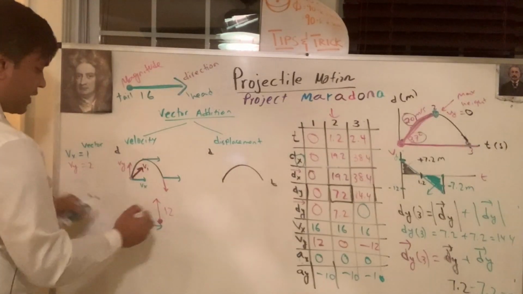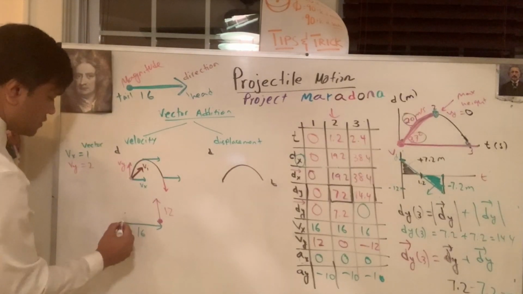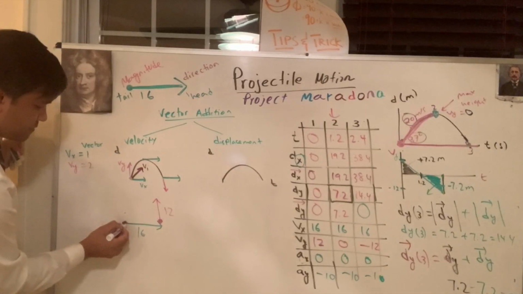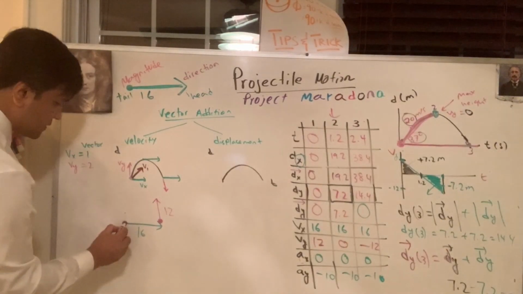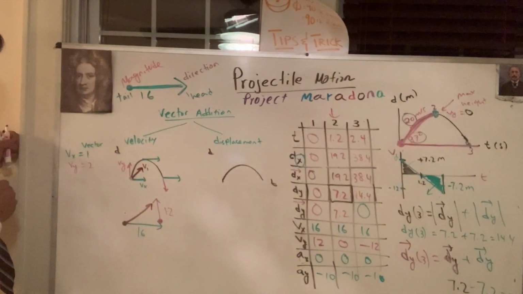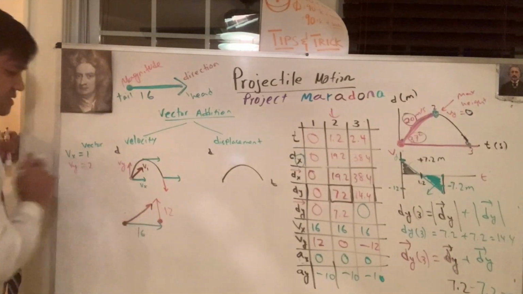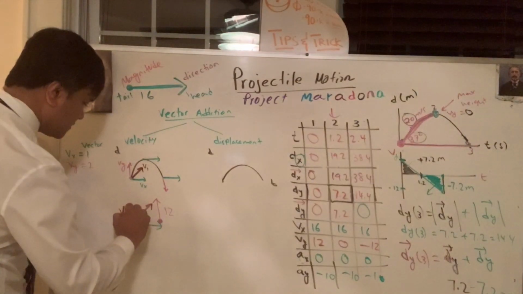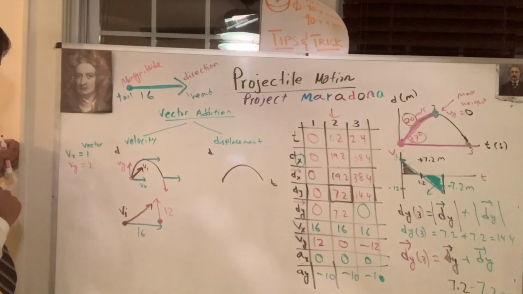And I'm going to add them. So from tail to head, I'm going to use the purple to do that. This is Vx, this is Vy, and this is V initial. Or this is A, this is B, and this is C.